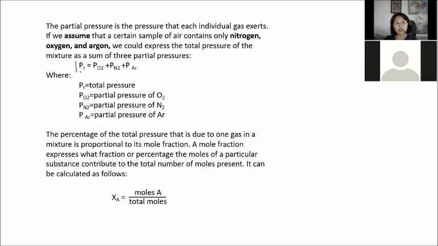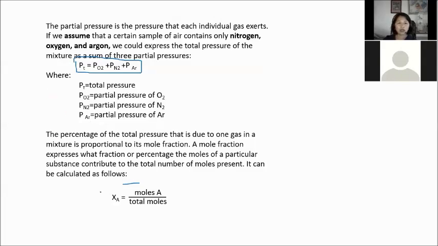Okay, this is how to find the total pressure ng mixed gases. So total pressure is equal to partial pressure of oxygen plus partial pressure of nitrogen plus partial pressure of argon, if these three gases were combined.